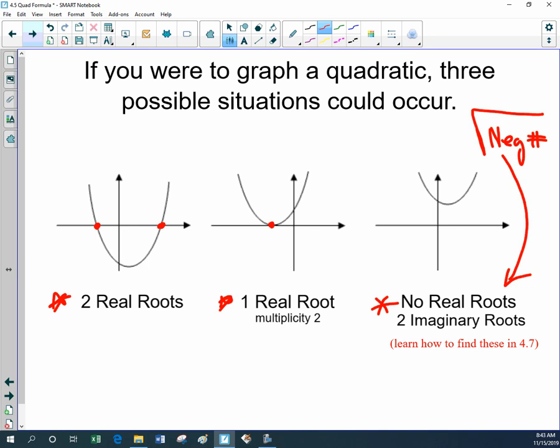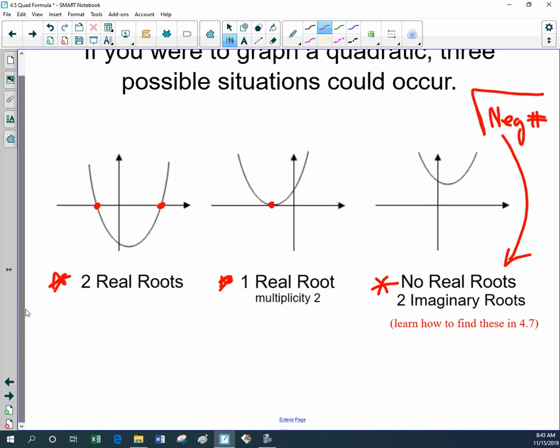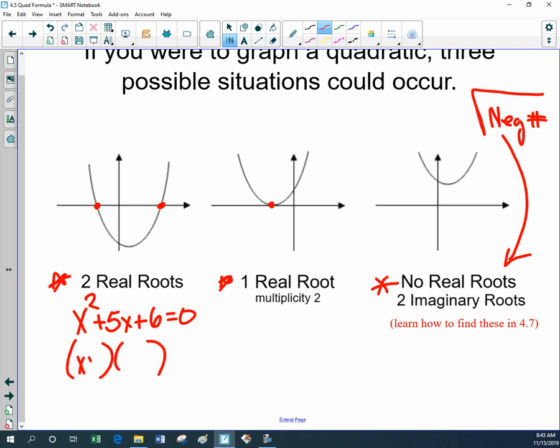So this first example right here would be like this problem here. You solve this problem, you get x plus 2, x plus 3, so x equals negative 2, x equals negative 3. There's 2 solutions, right? So if there's 2 solutions, it means it crosses the x-axis in 2 points.